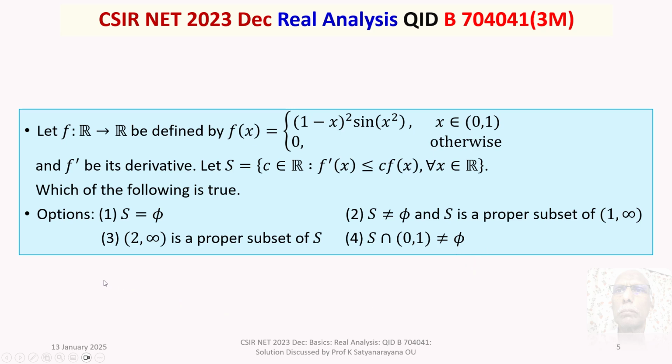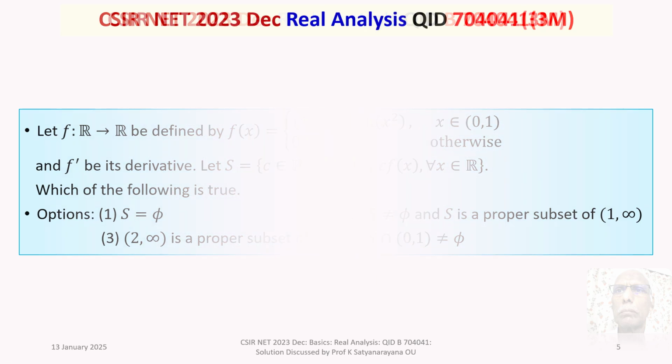And if we show option 1, that is S is equal to the empty set, then all the remaining will be false. You can verify that very easily and quickly. We will now discuss the solution of the problem in detail.